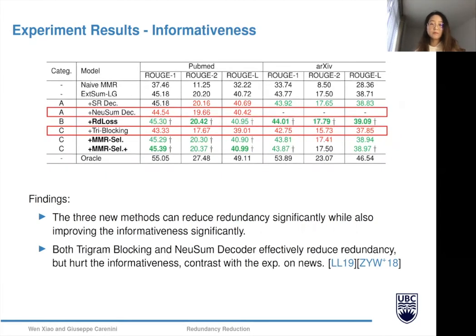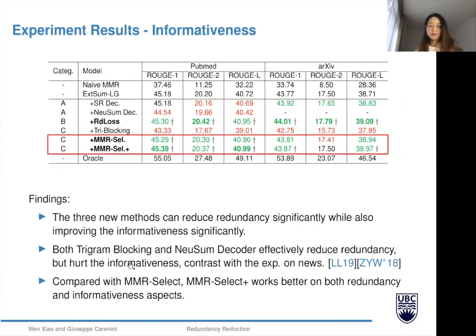And both trigram blocking and the SR decoder effectively reduce redundancy but hurt the informativeness, in contrast with the experiments on the news dataset. Compared with MMR Select, MMR Select Plus works better on both redundancy and informativeness aspects.